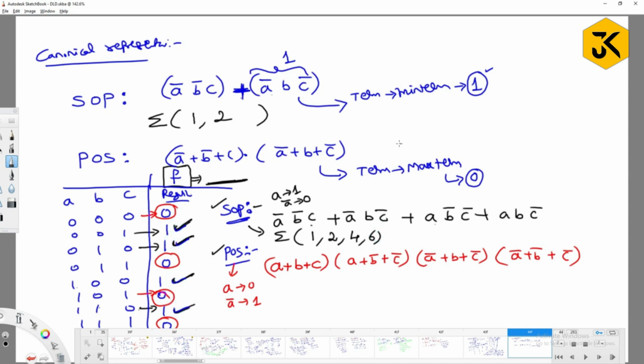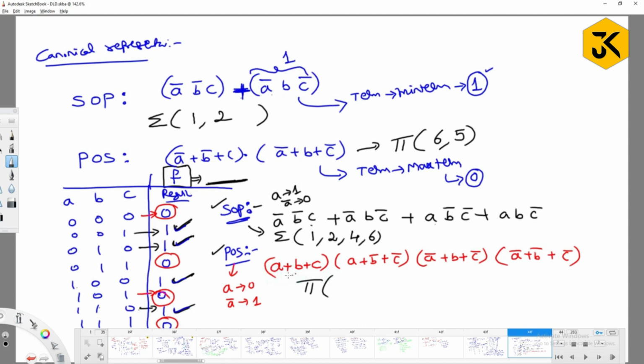And product of sums I can represent as max terms, with the opposite sign. Basically here A bar represents 1. So 1 1 0, what is 1 1 0? 6. What is 1 0 1? 1 0 1 is 5. So 6, 5, that is the meaning of this. The same thing if you represent it here: Pi of, what is the value of A plus B plus C?